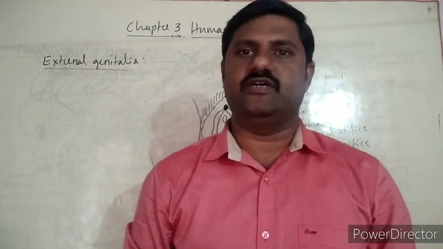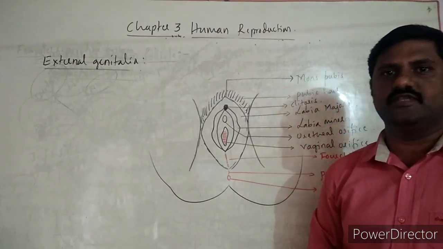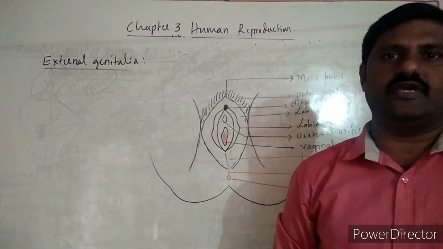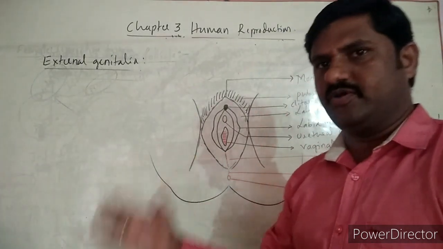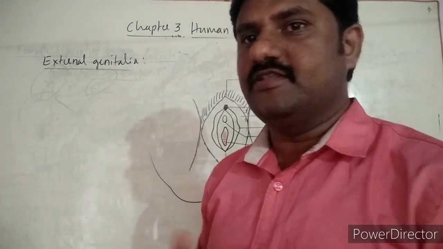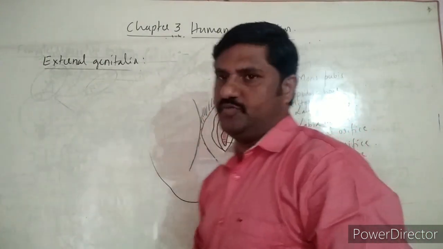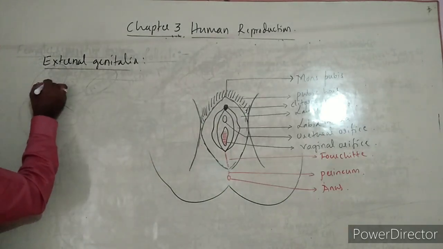I have labeled here very clearly, so I hope you might have observed them, right? So you can observe them, you can easily understand them. I'm going to explain one by one now itself, right? So the first one, mons pubis. So what are the parts that we come across here? One by one I shall write here.